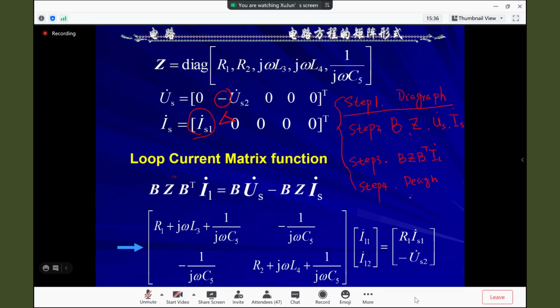This method is designed for computer. So this matrix is calculated by computer, and we don't need you to calculate by hand. We just need you to write step 2 and step 3. This is important for you.